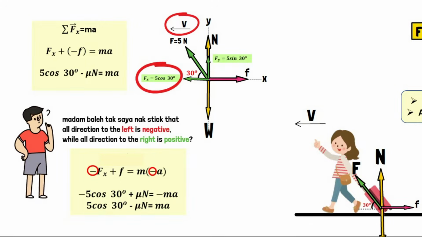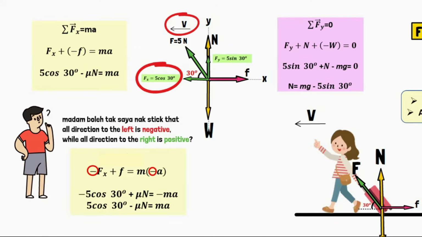Boleh? Jadi kita beralih pula kepada equation untuk total Fy equal to 0. So now based on the free body diagram, in Y component, we have 3 forces. Kita ada N, kita ada Fy, dan kita ada W. Since the object is not moving in Y component, so saya akan ambil normal force sebagai positive value, Fy positive value, dan W is negative value because it is opposite direction.